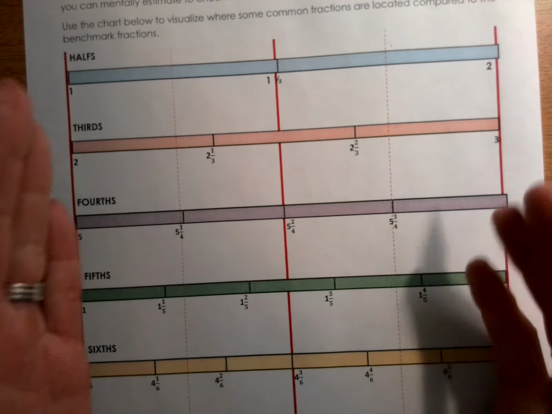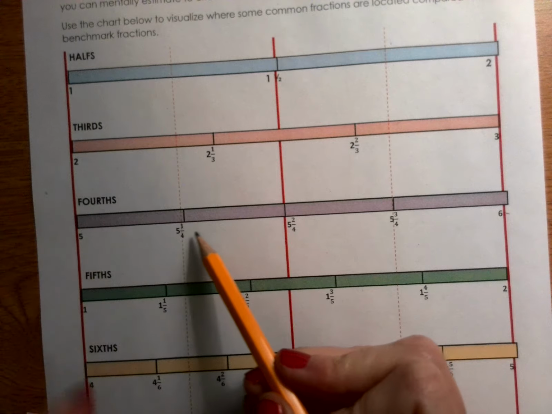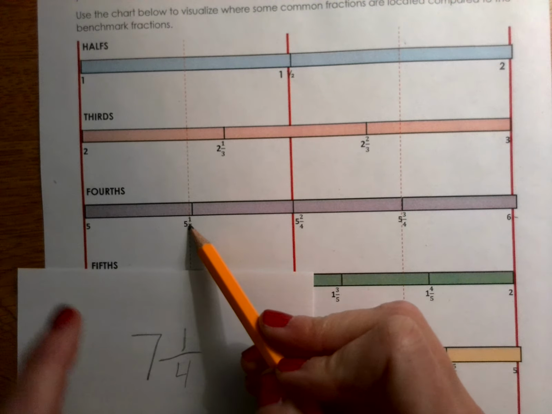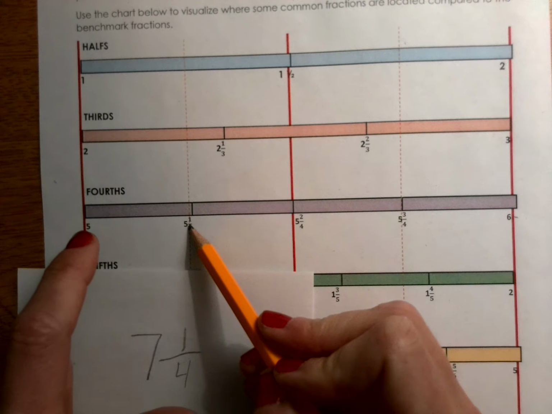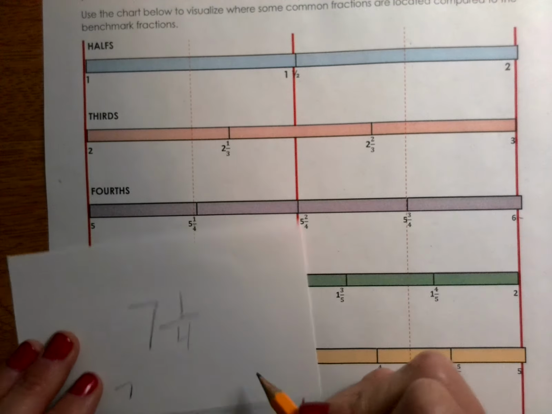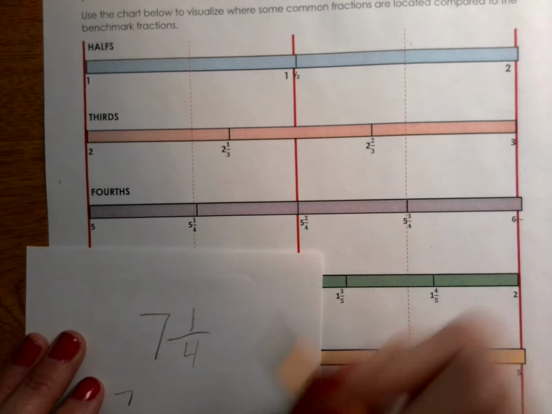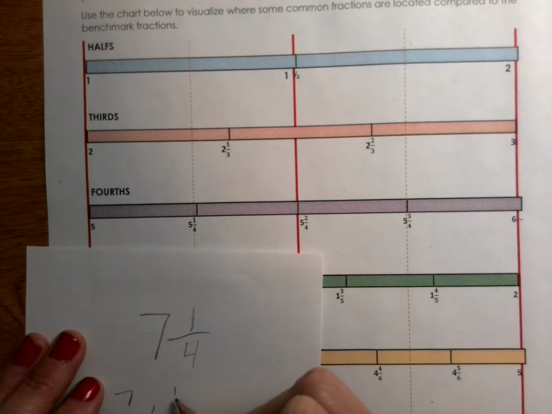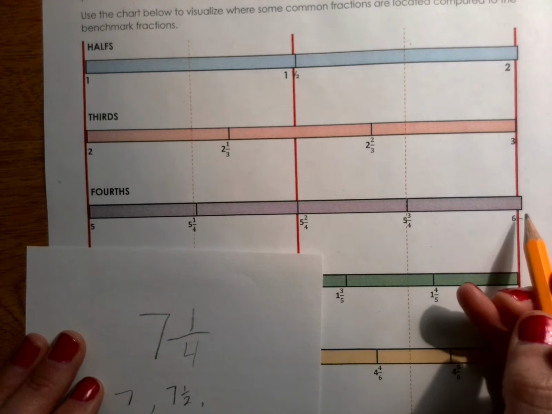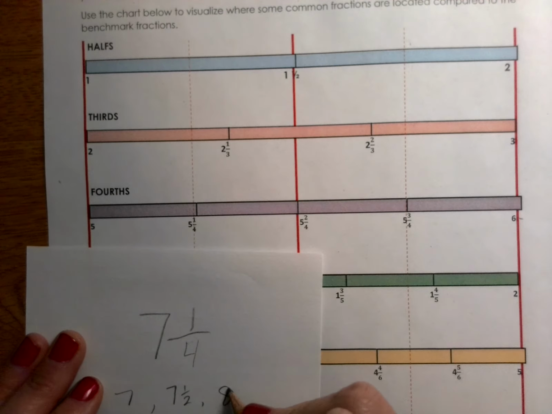If we look at our options, knowing that this is a 7 1/4, our options are either it's going to become a 7, it's going to be a 7.5, or is it closer to an 8? Okay.